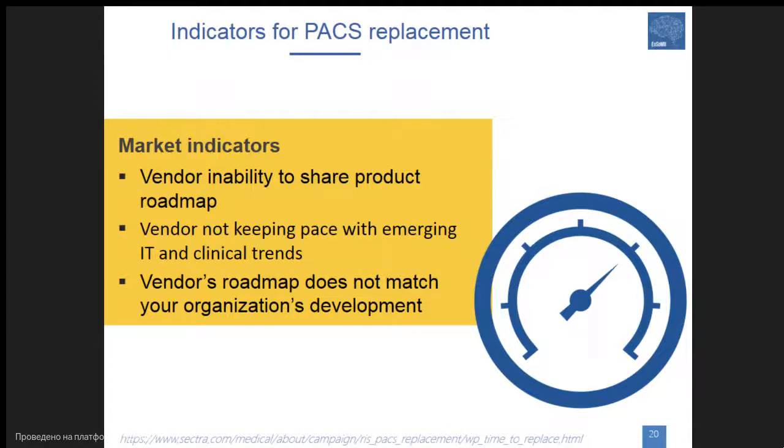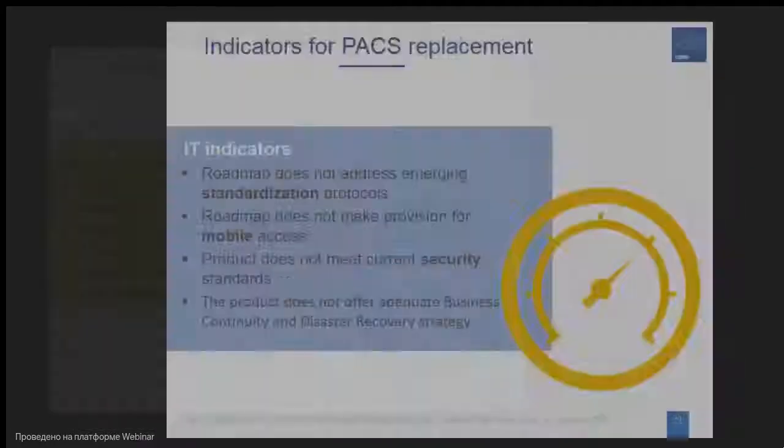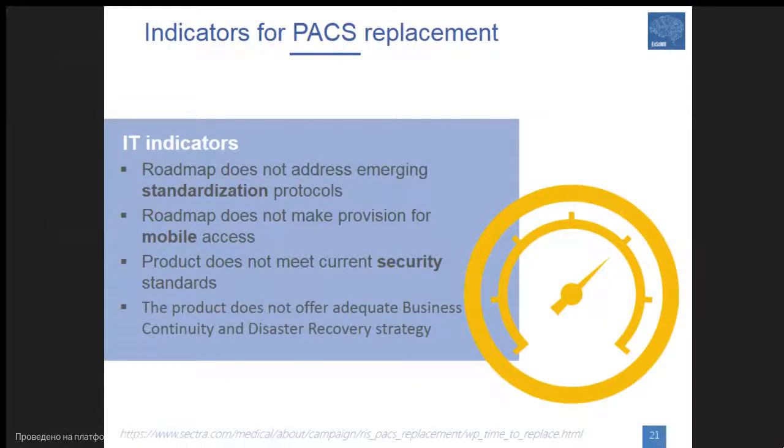You don't understand how the PACS system is going to be developed by the vendor. If the vendor is not keeping pace with emerging IT and clinical trends, and if the vendor's roadmap doesn't match your organization's development. IT indicators: if the roadmap does not address emerging standardization protocols, it's a problem.